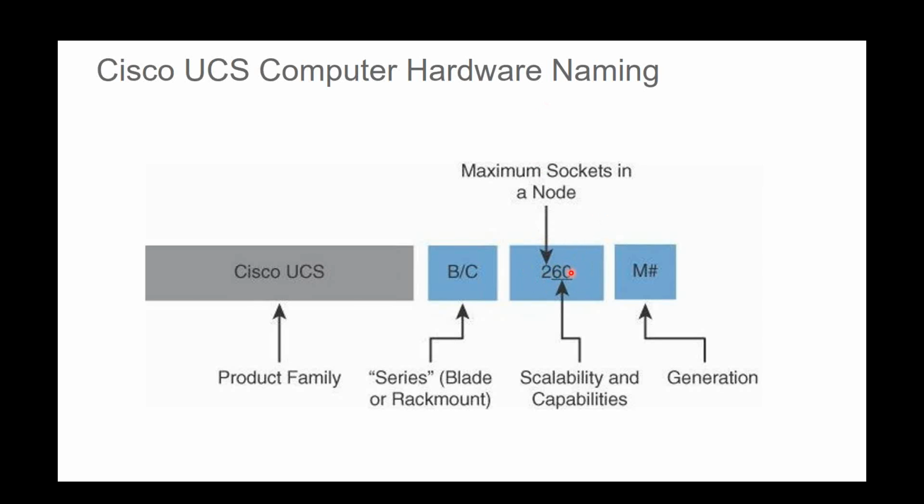And then the second part is just the scalability and capabilities. This floats a little bit. They try and meet this, but they don't always. The B200s, for instance, and the B22, well, you figure 200 has 0, 0 here. The B22 has a 2. 2 is bigger than 0, but the B200 is actually a more powerful blade.